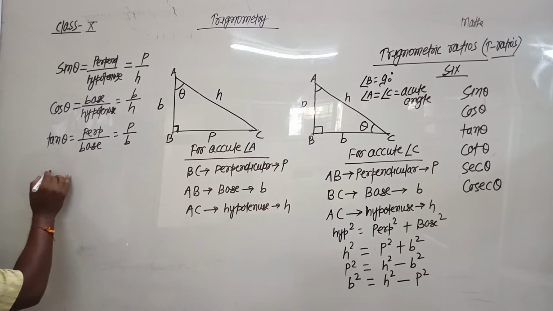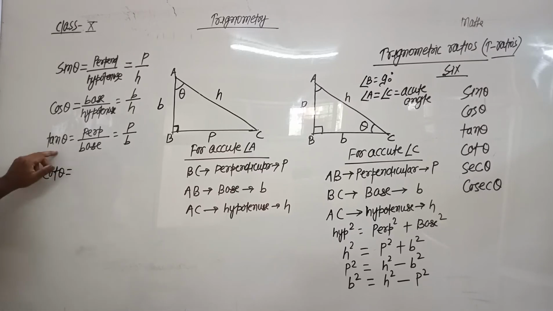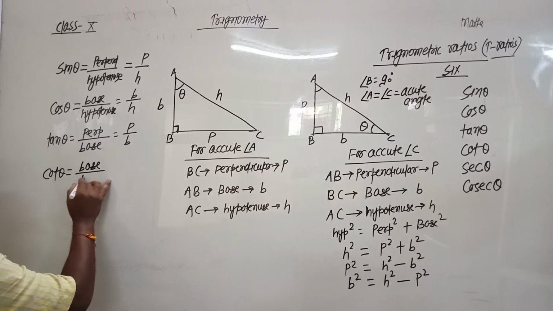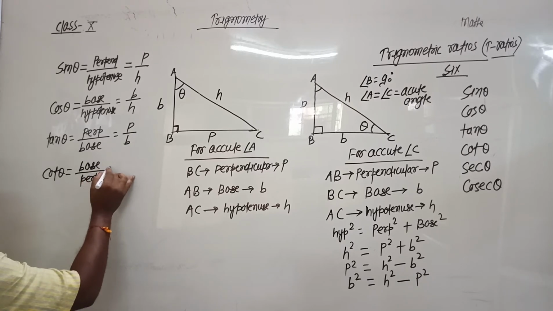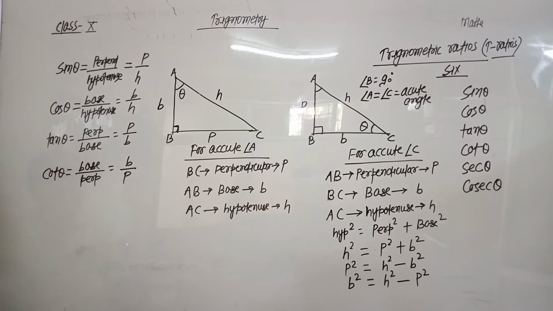Now, to write the formula for cot theta: cot theta is the reciprocal of tan theta. So if tan theta is perpendicular upon base, then cot theta will be base upon perpendicular, because cot theta is the reciprocal of tan theta.